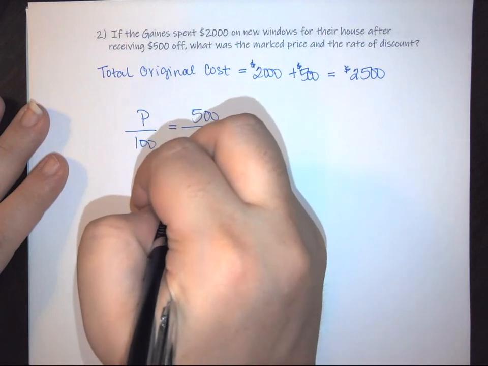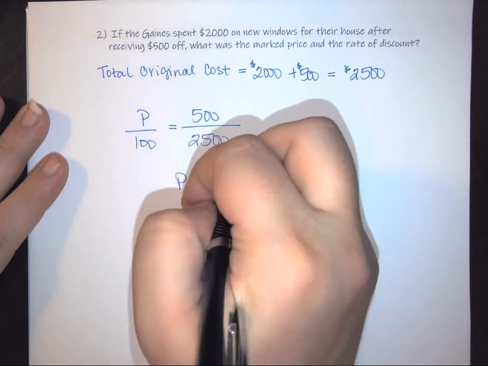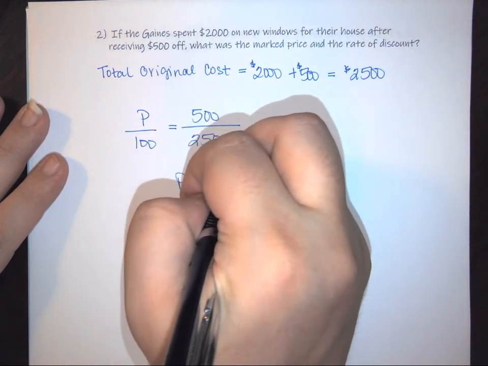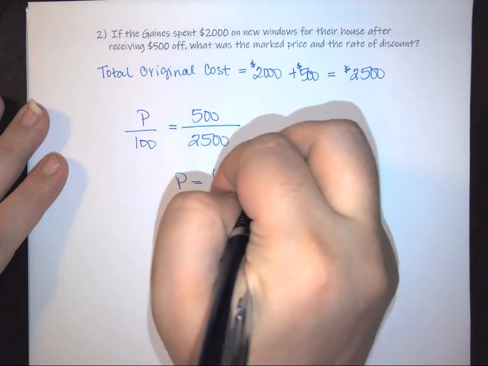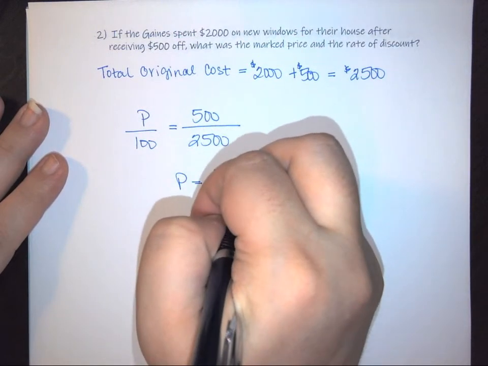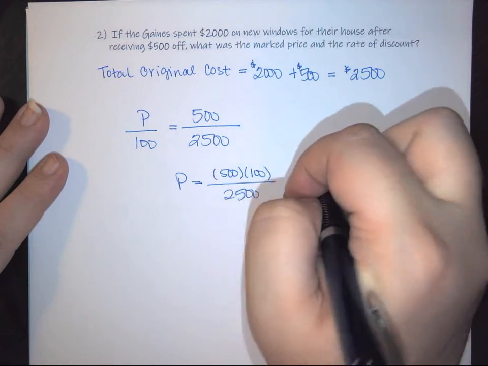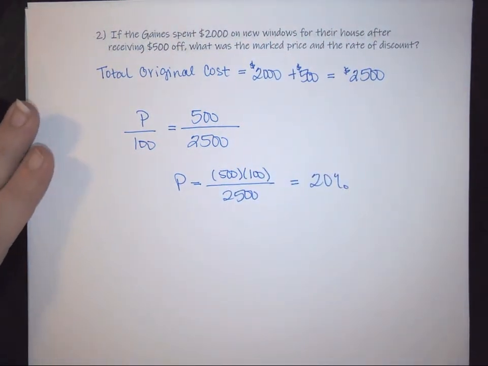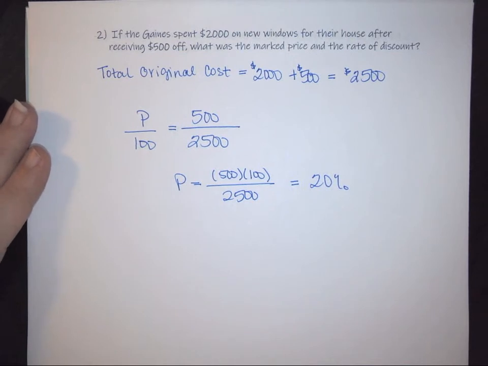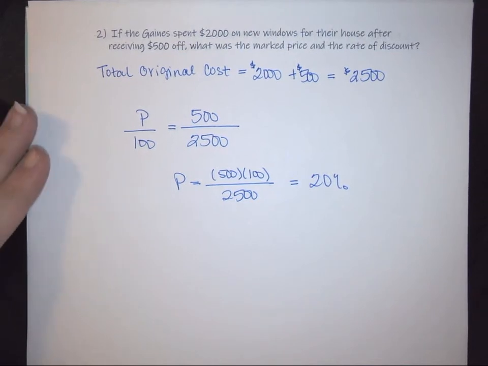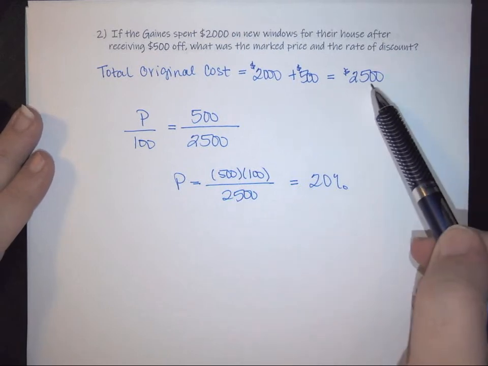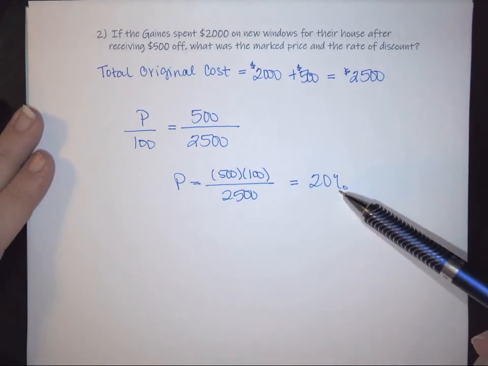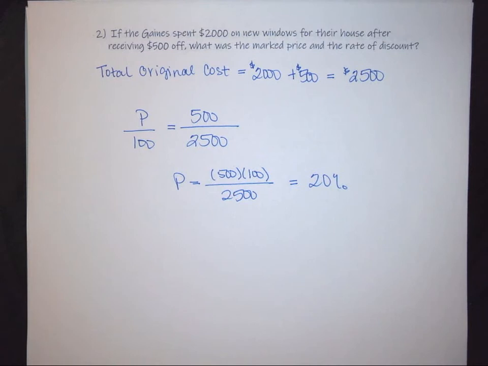So again, my percent is going to be 500 times 100 divided by 2,500, which is going to give me 20% discount. And it's really just as simple as that. So the total cost is where we had to backtrack, and then this gives you your percent off.